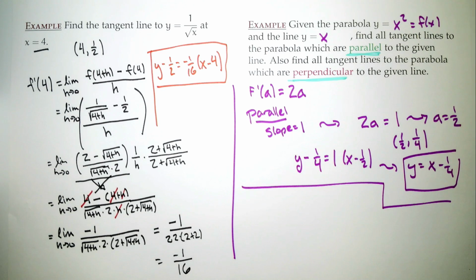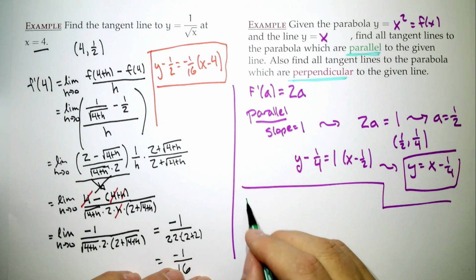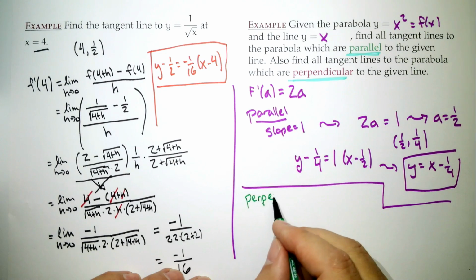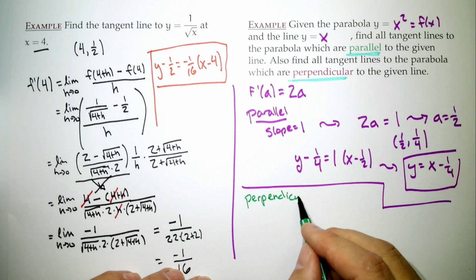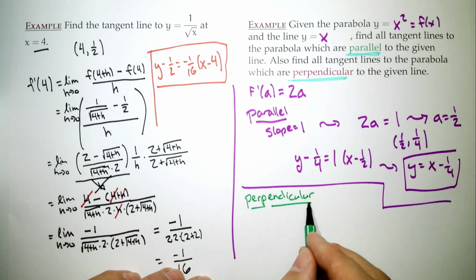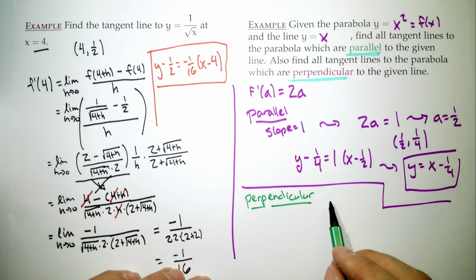There's a second part, perpendicular. When are two lines perpendicular? The moral here is that perpendicular means negative reciprocal.